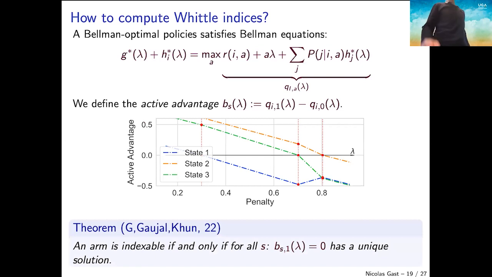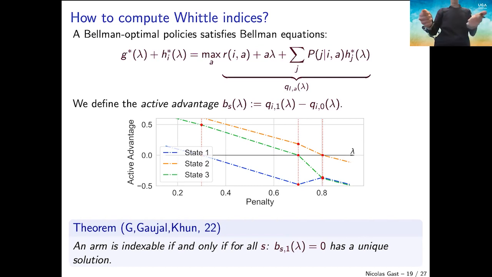And so just to say, at the end, what you want is that you have this function, and you want to see, okay, does this function cross the zero axis only once? And if you do that, it's indexable. And the good thing is that because these functions are, again, piecewise linear, you can compute the slopes of everything.